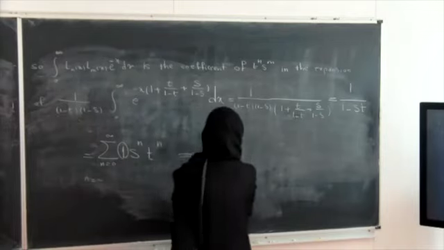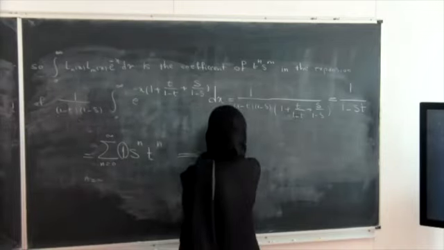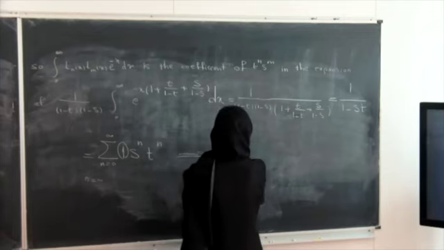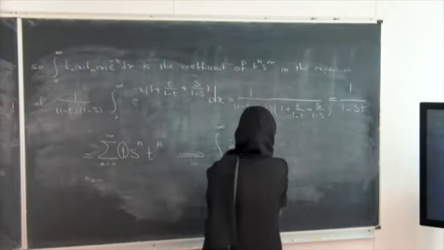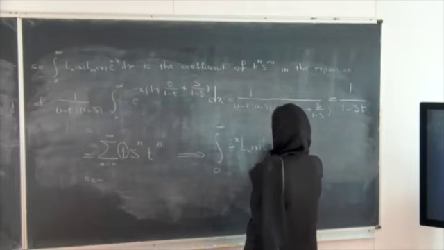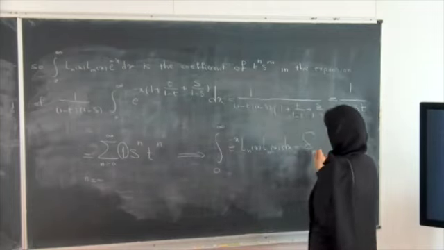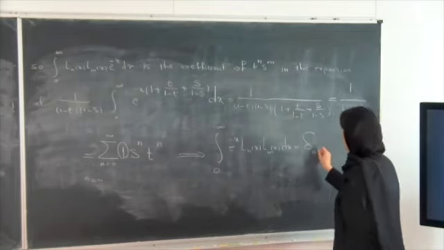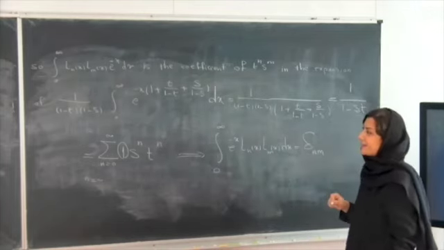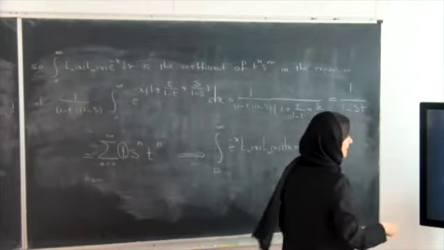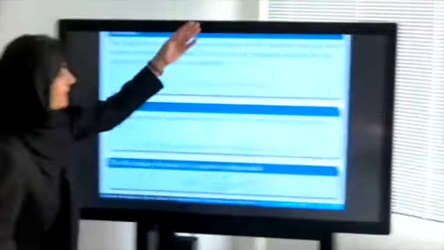So we find that the integral from 0 to infinity of Lₙ(x) Lₘ(x) e to the minus x dx equals the Kronecker delta of n and m, and we find the orthogonality properties of Laguerre polynomials.